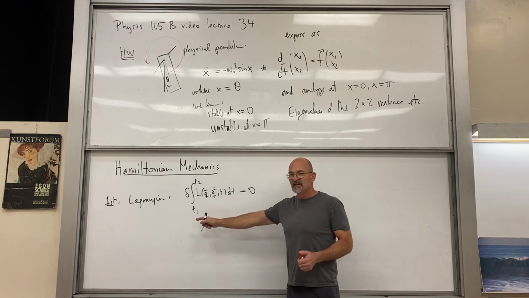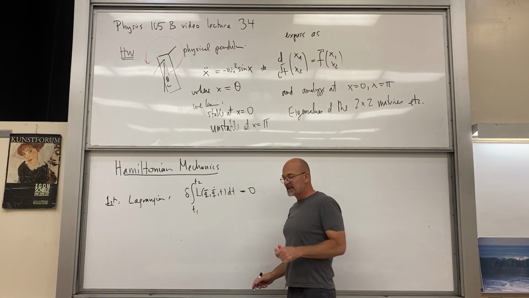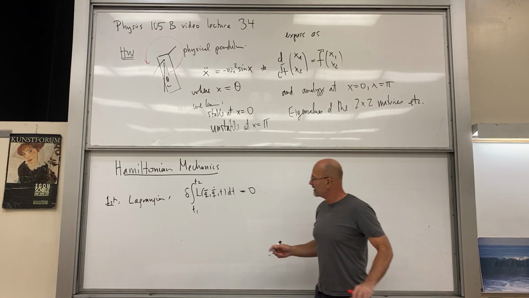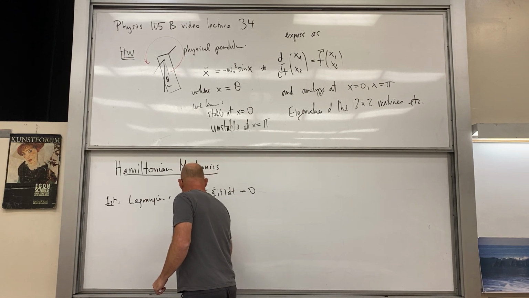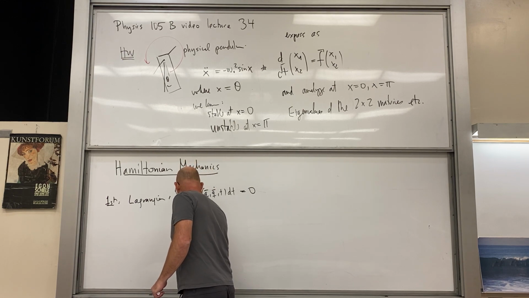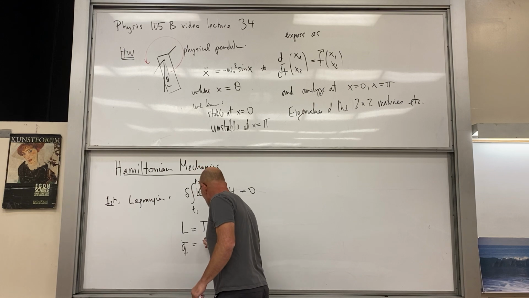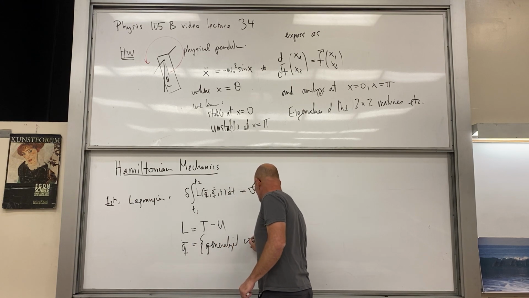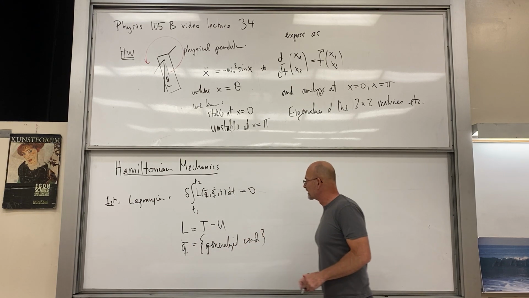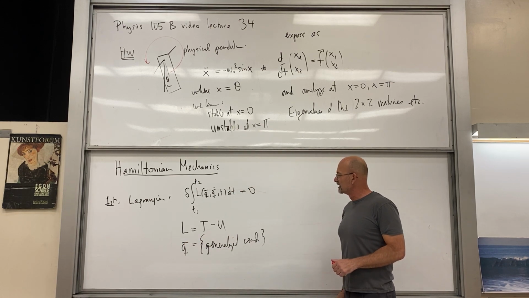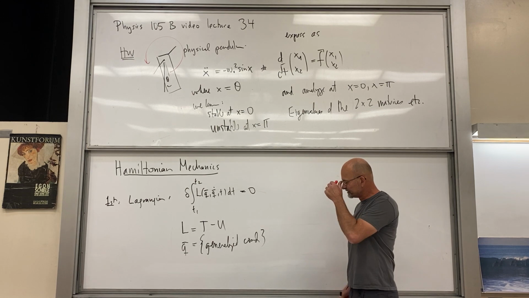The Lagrangian L is the difference between the kinetic and potential energies, L is T minus U, and these Q's are the set of generalized coordinates. Q dot is their first derivatives, the generalized velocities. So we've got a whole formalism going on here.